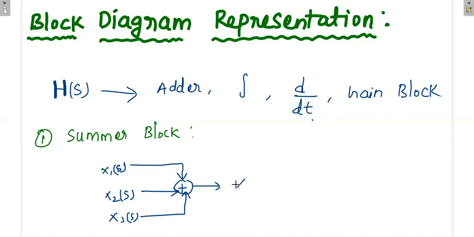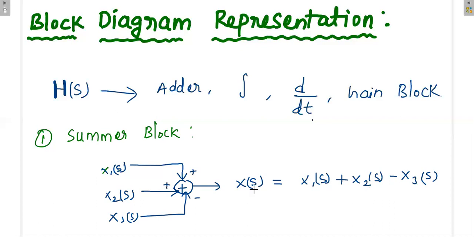For example, the overall function X(s) equals X1(s) plus X2(s) minus X3(s). That means there is a plus sign for X1 and X2, and a minus sign for X3. X1 and X2 are added and X3 is subtracted.